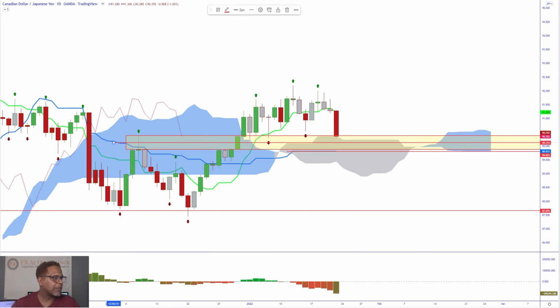My stop loss is always going to be fractal levels, Kijinsen, the cloud, or the previous candle. So in this case, if I take a trade at this zone, it's going to be a little bit below the zone. Since Kijinsen is right at the zone, I'm going to be a little bit below Kijinsen.